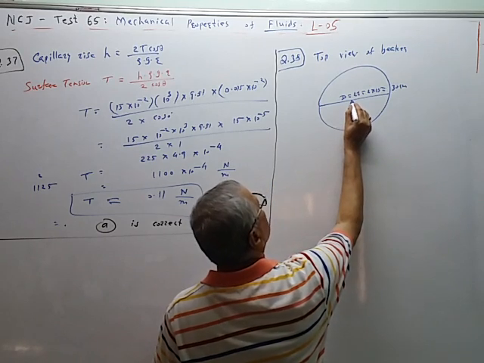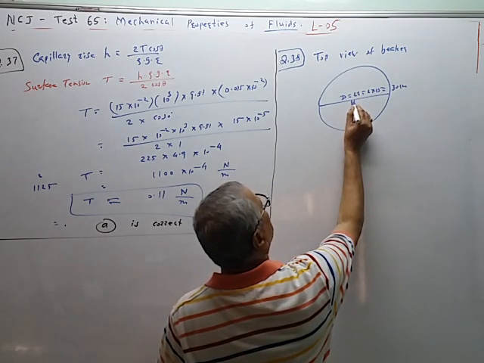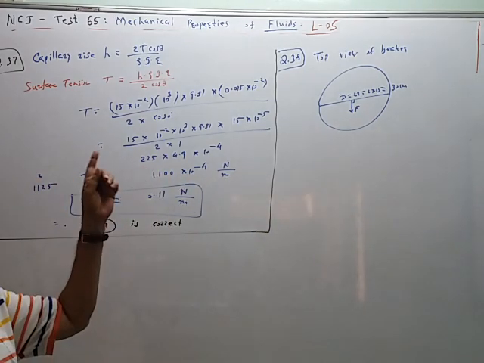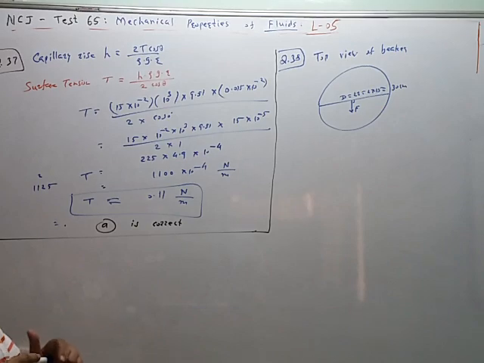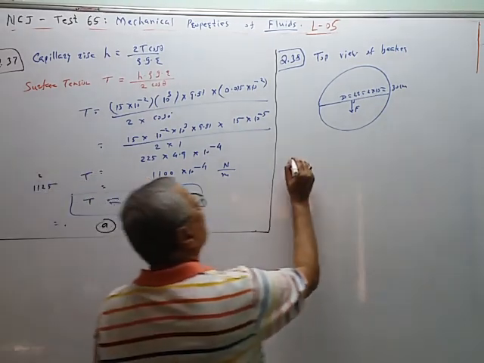So, on this side there is a liquid whose force is F, this angle is 90 degree. It is a tangential force acting per unit length, so we have to find the total force on the length L.